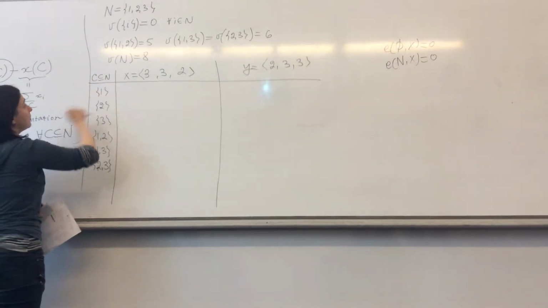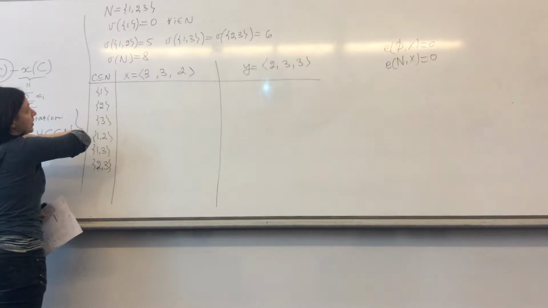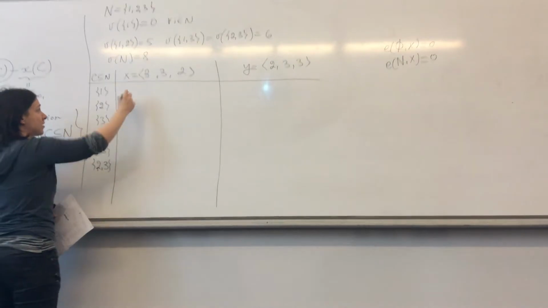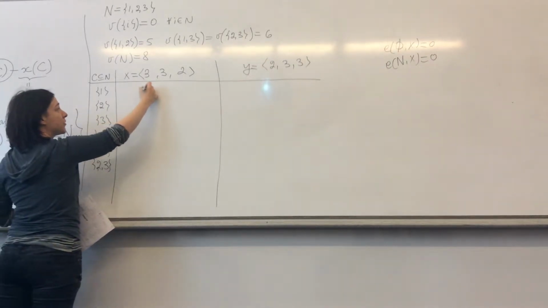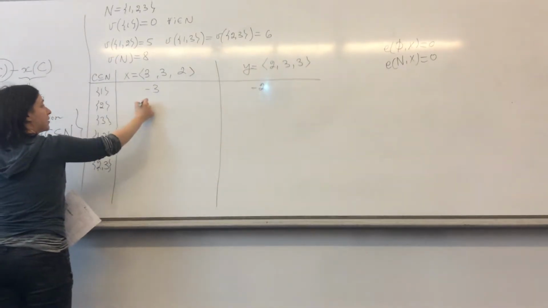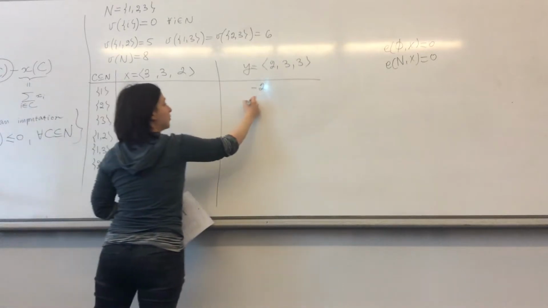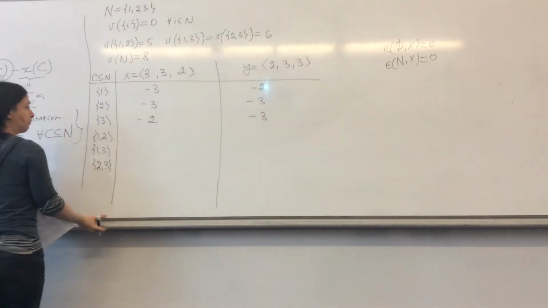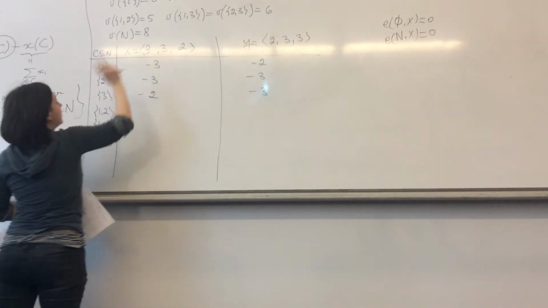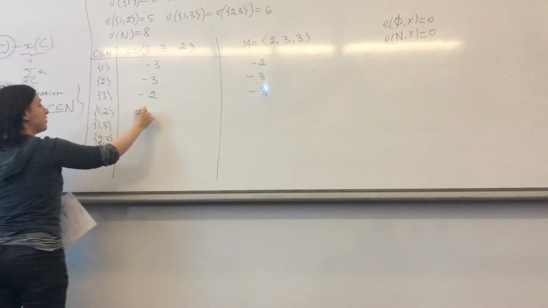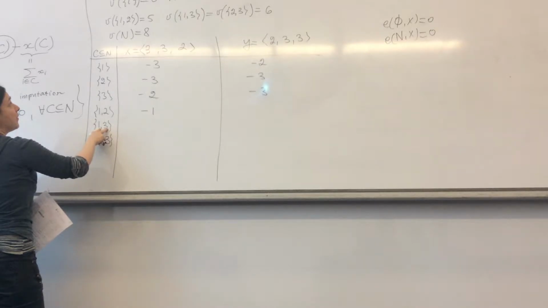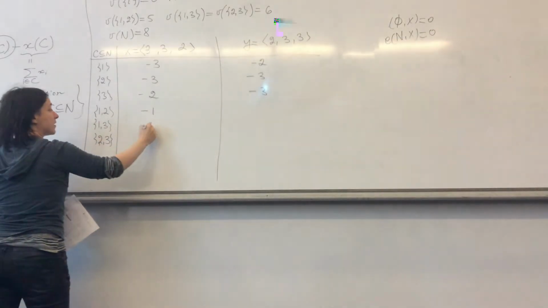Okay, so agent number 1, his value is 0. He gets 3 under the payoff vector x, so his excess is 0 minus 3, minus 3. Similarly, we get minus 3, minus 2, minus 3, minus 3. Right? For the pairs, the total payoff of these guys is 6, and their value is 5, so the excess is minus 1. 1 and 3 together get 5, their value is 5, so that's 0.